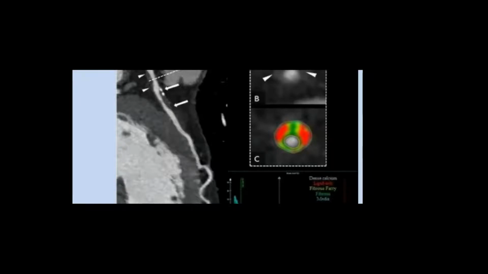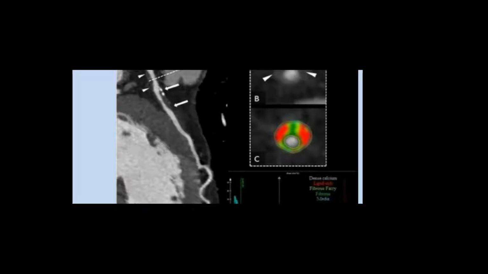Invasive angio starts to see atheroma when it's large enough to narrow the lumen. CT can see atheroma before it encroaches upon the lumen. That's why cardiac CT has a very high negative predictive value, meaning sensitivity is so high, meaning rule out is great.